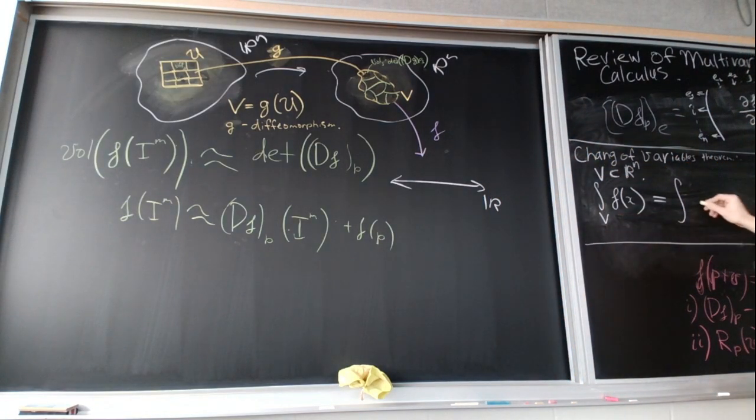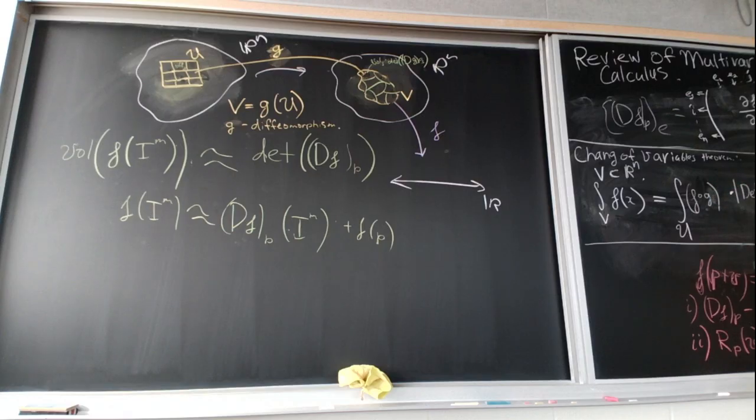So this should be f composed with g, times, not composition, times the determinant of dg. Let's call this point x, and then dx or something, over the subset u. Maybe just not even write it at all.